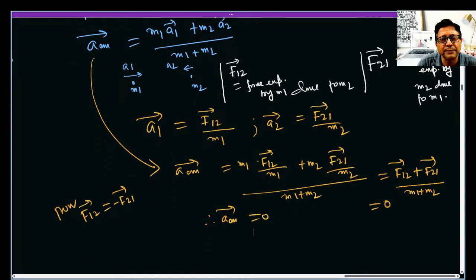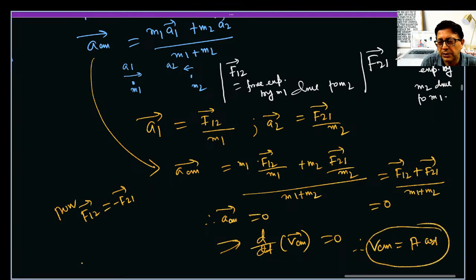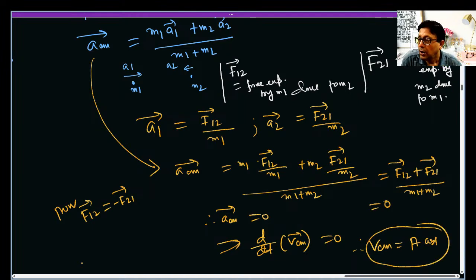What does this imply? d/dt of VCM equal to 0. VCM equal to a constant. Clear? What is the physical significance of this thing? That velocity of center of mass is constant.